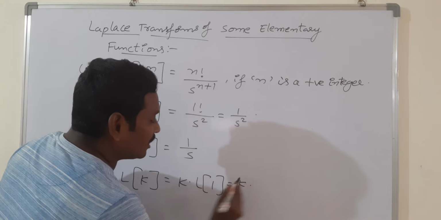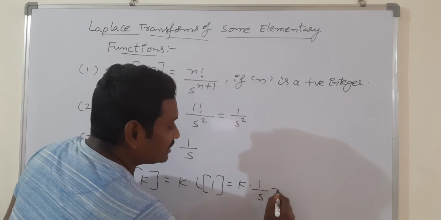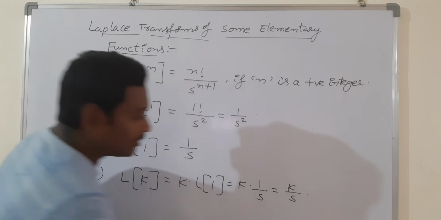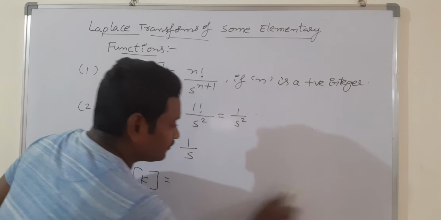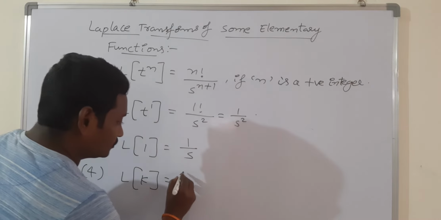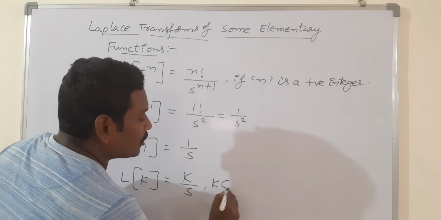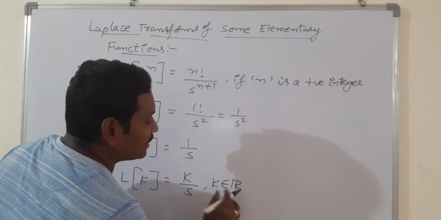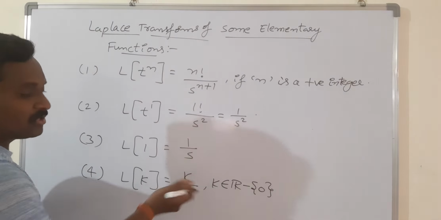From the previous formula, L of 1 is 1 by s, so it is k by s. Simply, L of k is k by s, where k belongs to R minus 0. If it is 0, L of 0 is 0.